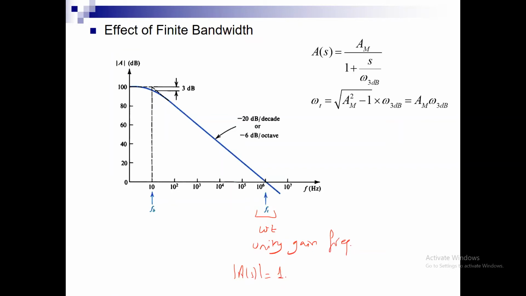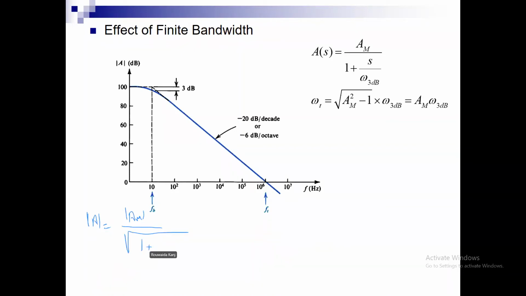So if I have A equals AM over 1 plus S over omega 3 dB, then the magnitude of A at any frequency is equal to the absolute value of AM over the square root of 1 plus omega over omega 3 dB all squared.